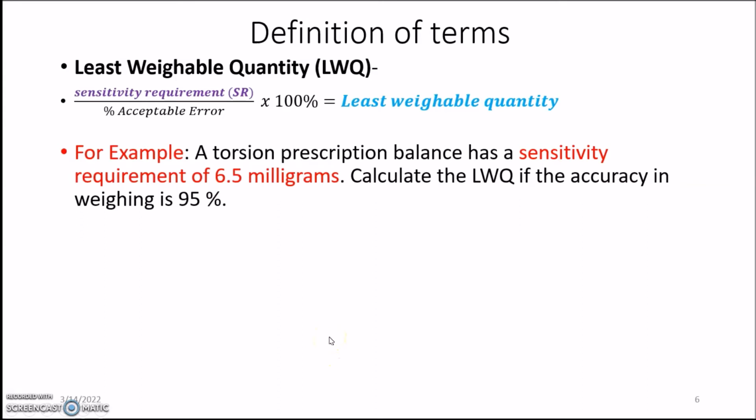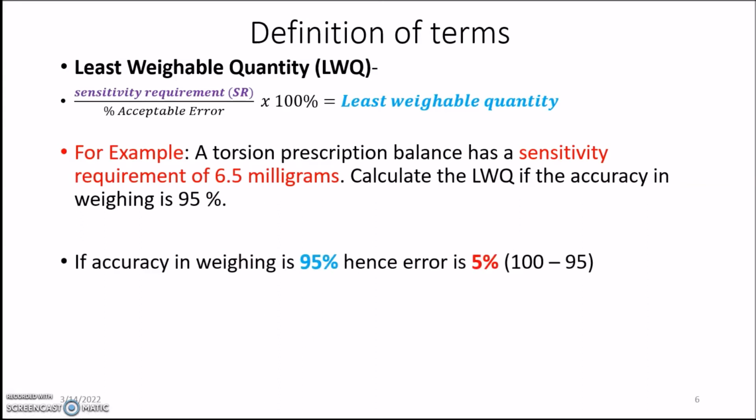So it means then that the error is 5%. So, putting that into the equation, we would get 130 milligrams. So, just simply arranging the terms in the equation can give you the least weighable quantity, the percentage or the acceptable error, and the sensitivity requirement.